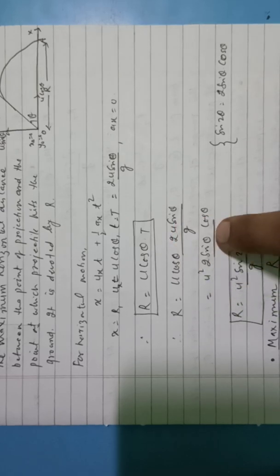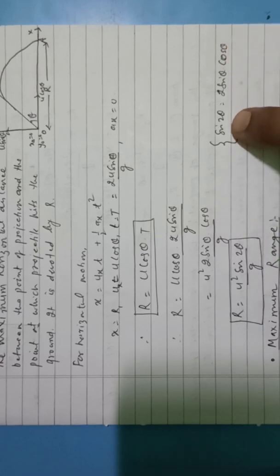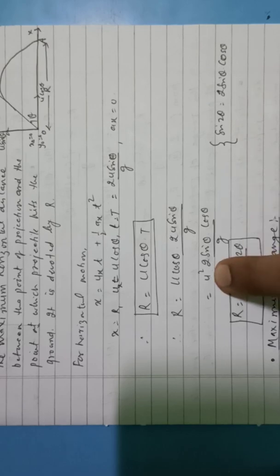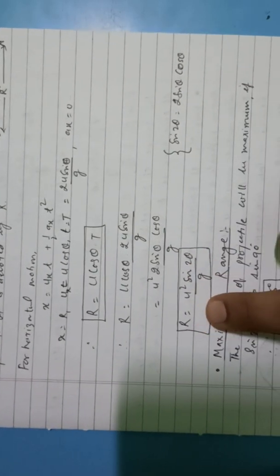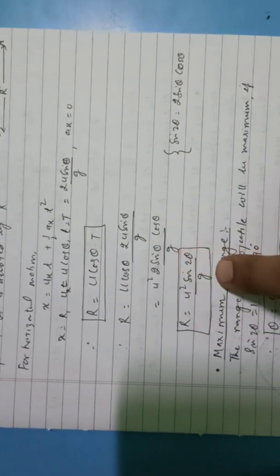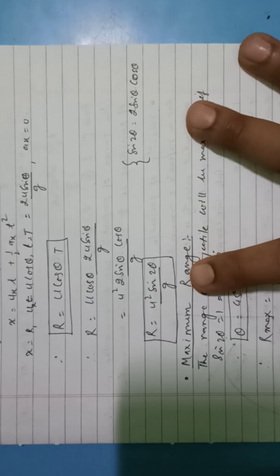Rearrange the terms: 2 sin theta into cos theta is equal to sin 2 theta from the trigonometric formula. Therefore, we write here u square into sin 2 theta by g. So the final expression is R is equal to u square sin 2 theta by g. That is the expression for the horizontal range.